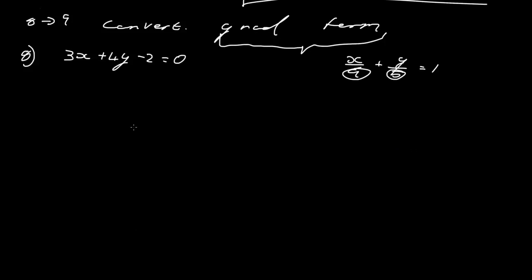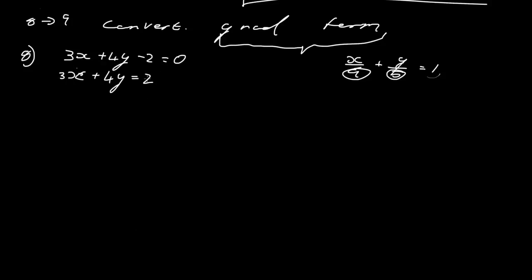So, the first thing we need to do is we want a 1. We want our constant in the equation to be a 1, and we want it to be on the right hand side. So let's start working towards that. We want x, y equals 1, right? So 3x plus 4y equals 2.